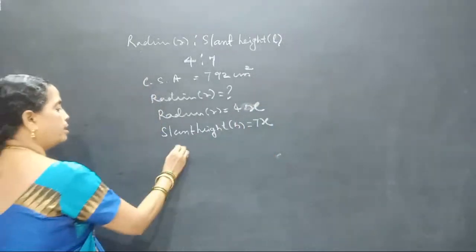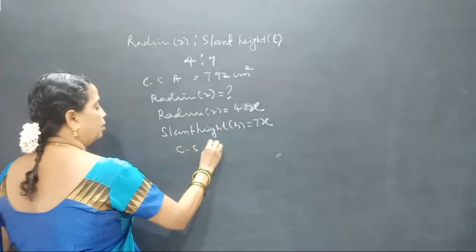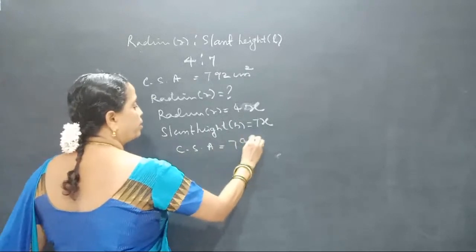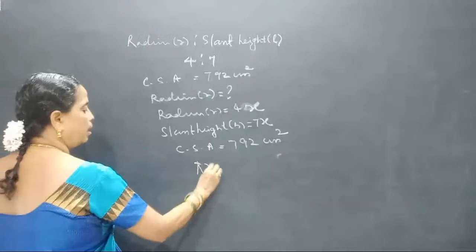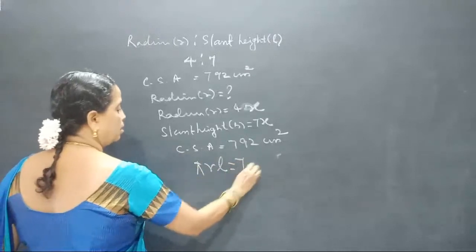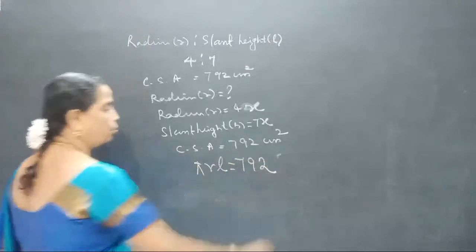Now curved surface area equals 792 centimeters square, that is pi RL equals 792.